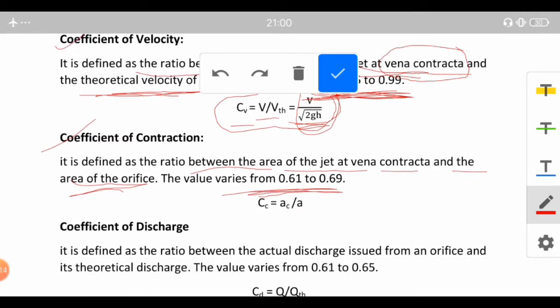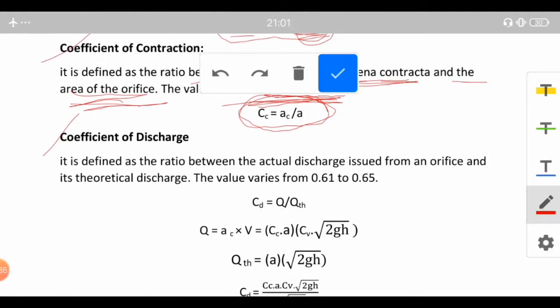It is defined as Cc is equal to Ac upon A, where Ac is the area of the jet at vena contracta and A is the area of the orifice. Next we have coefficient of discharge, which is defined as the ratio between the actual discharge issued from an orifice and the theoretical discharge, and the value varies from 0.61 to 0.65.